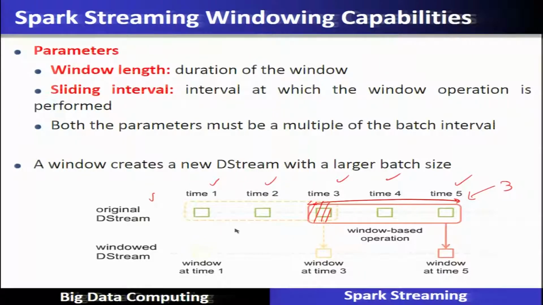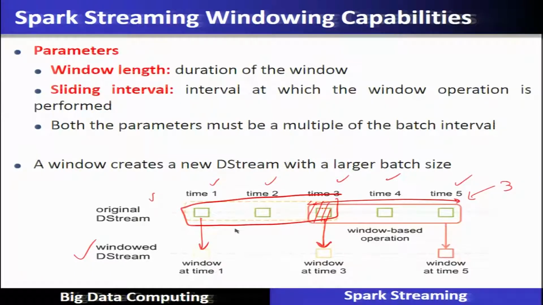The original D stream is shown here, divided into the batches 1, 2, 3, 4, 5, and when the window operation is performed, that is the windowed D stream, which will be available per window. There will be an overlap of 1.